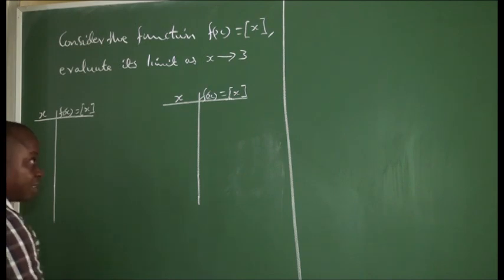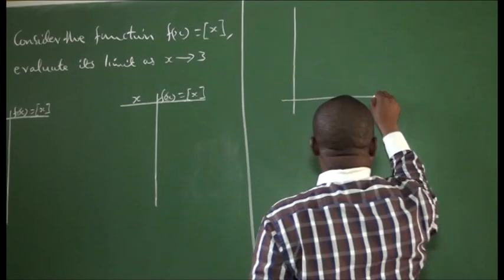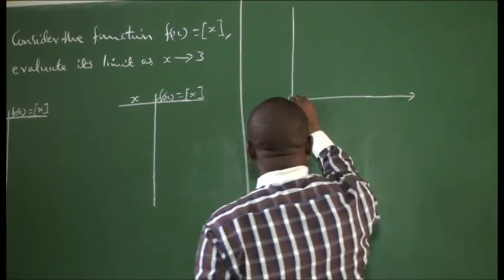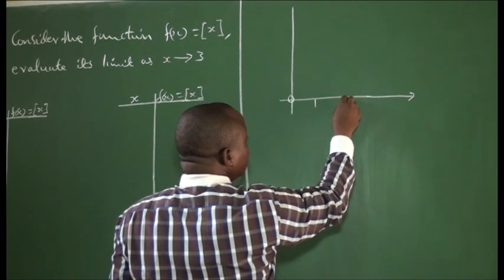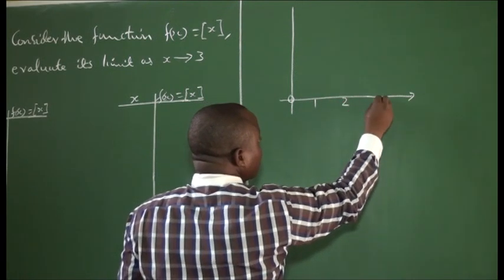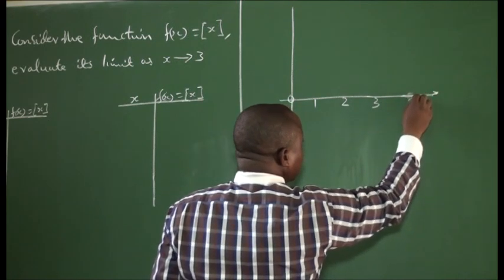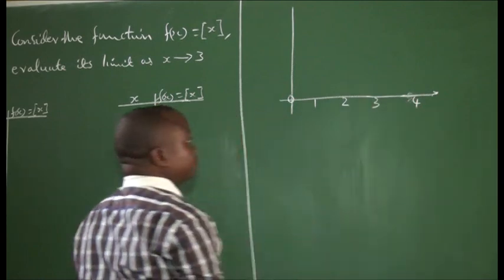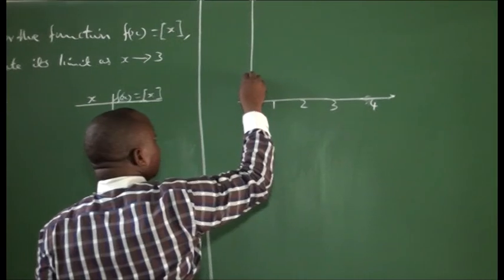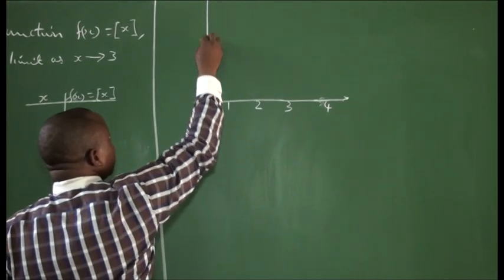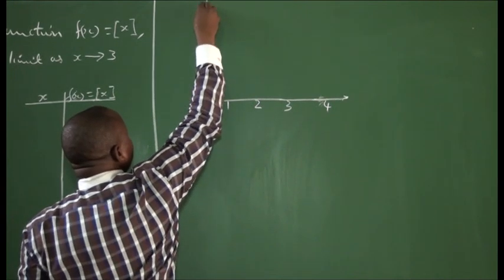First, I would like to draw the Cartesian plane that will help us to demonstrate these concepts. So here we have 1, 2, 3, then this is 4. Then this one will give us 1, 2, 3, 4.